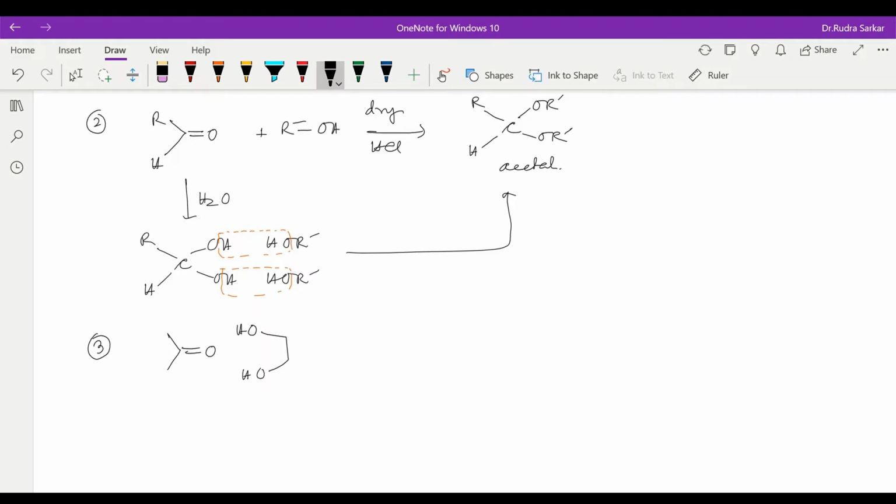Okay, I've given you dry HCl. So what you do is you convert this to a gem diol. Okay, your H is something like this. Again you try to take out the water.